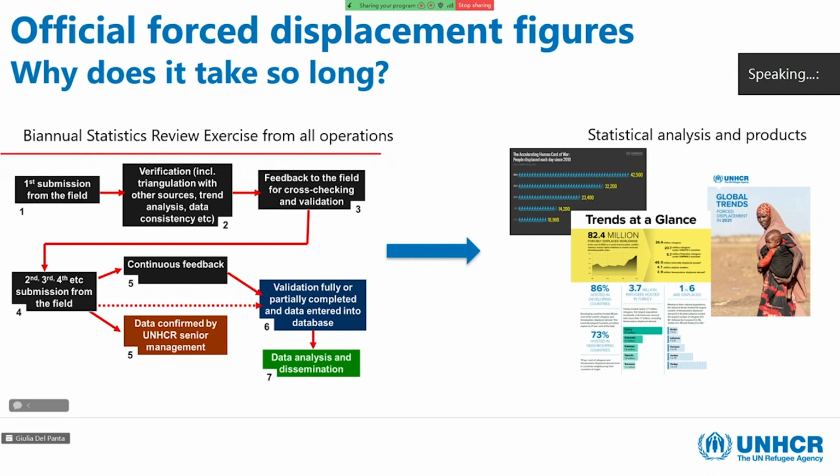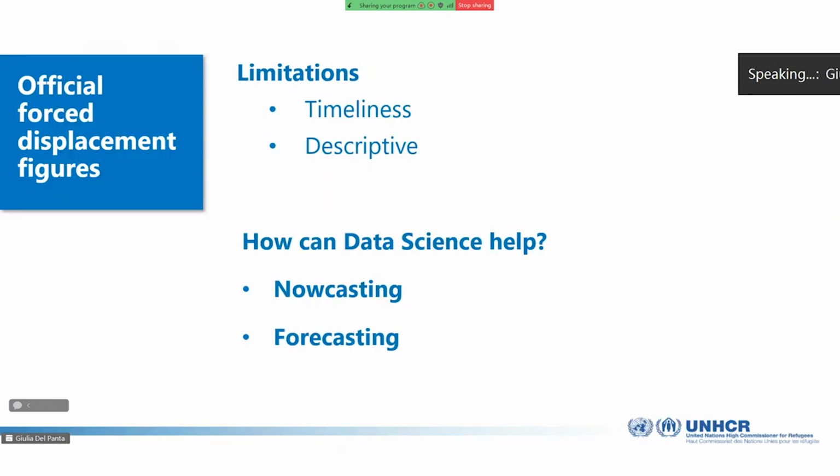So I've already talked about the limitation, which is timeliness. Due to this publishing lag, it's very difficult to have a global overview of the forced displacement situation at any given time. And it's mainly descriptive, this global trend. It tells you the past situation, but it doesn't tell you anything about the future.